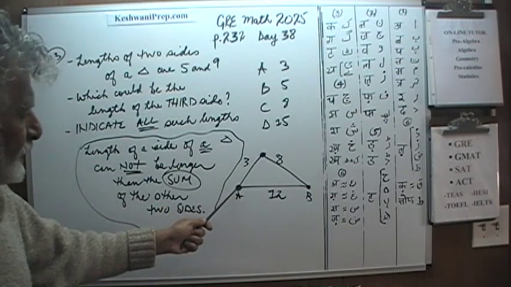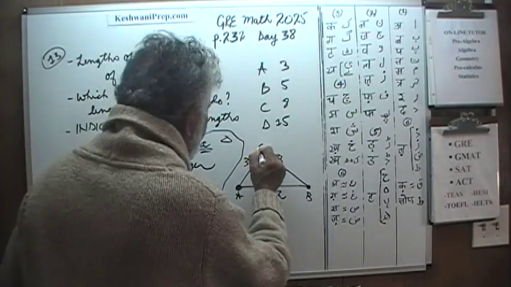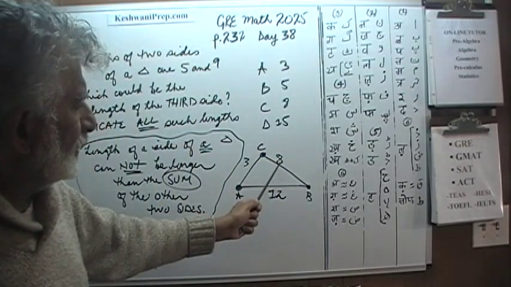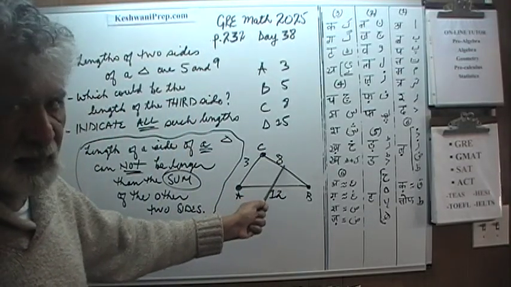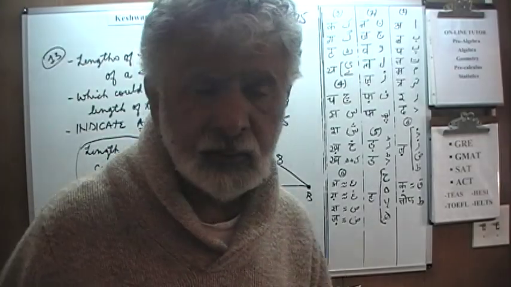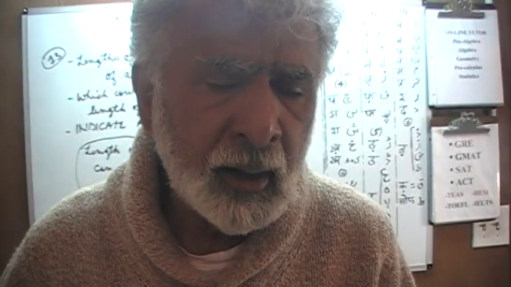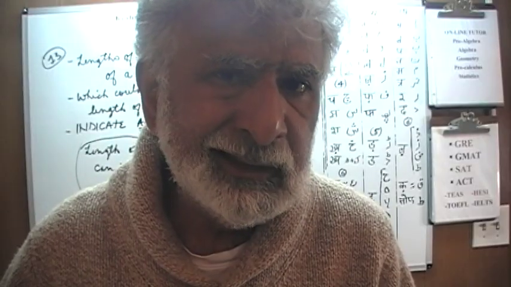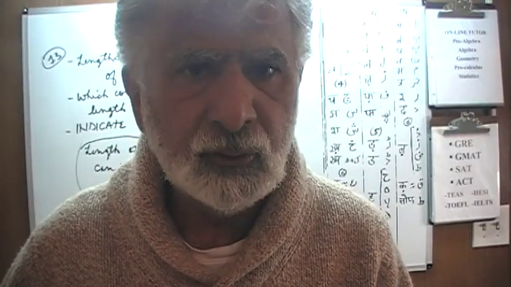If I tell you that I drove from A to C 3 miles, and then from C to B I can go in 8 miles, that's 11 miles. Then how can the direct route be 12 miles? It's just not possible. That's why it's called a direct route. A direct route by definition has to be less than the sum of the other two sides.